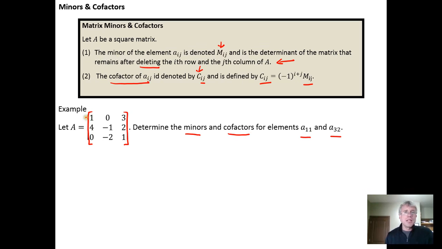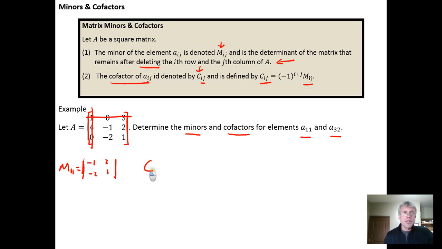So we would delete the ith row and the jth column of A, and we would take what we have left and calculate the determinant of that matrix. So what's left is -1, 2, -2, 1. And this would be the minor associated with row 1, column 1.